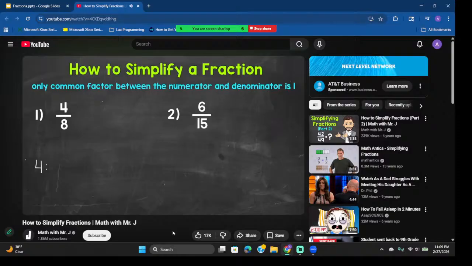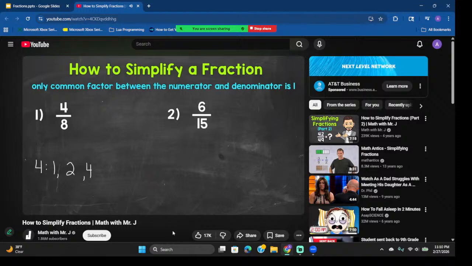So we can start our factor list with 1 and then the number itself, 4, because we know that 1 times 4 equals 4, or you can think of it as 1 and 4 go into 4. So you can always start with 1 and the number itself. So let's think if there are any other factors. Well, we know 2 times 2 equals 4, or we can think of it as 2 goes into 4. So 2 is a factor. And those are all of the factors of 4: 1, 2, and 4.